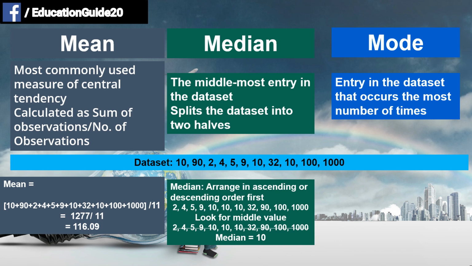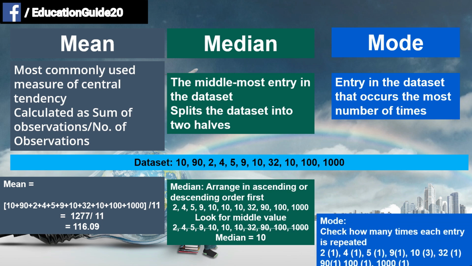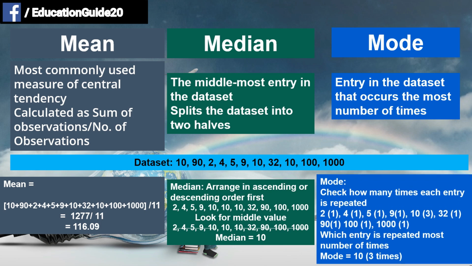Since the number of observations is 11, which is an odd number, if we leave 5 entries from left and 5 from right, the middlemost entry is 10, which will be the median for this data set. But then, how to estimate the median for data sets with an even number of observations? We will discuss the same in the coming few minutes.